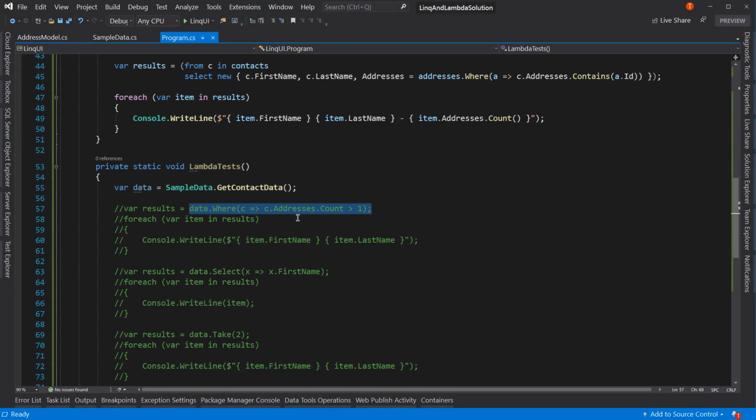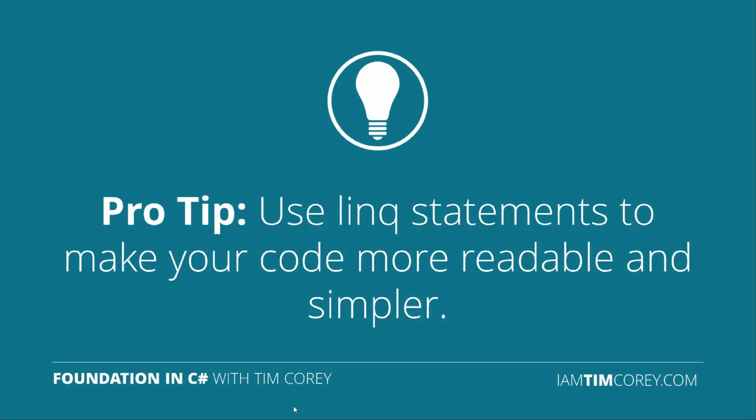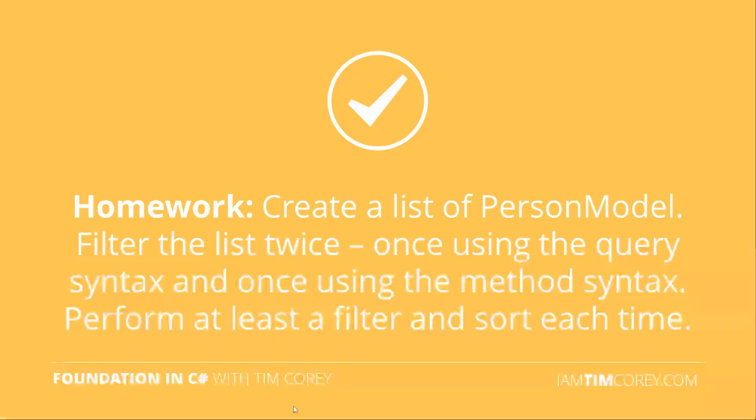So data.Where address count is greater than 1. That makes it pretty understandable what's happening here. It's very readable. So you can use those LINQ statements to make your code more readable and simpler versus creating a foreach loop and pulling out only some of them and creating a new variable or new object and then returning that object. Basically doing it on your own.